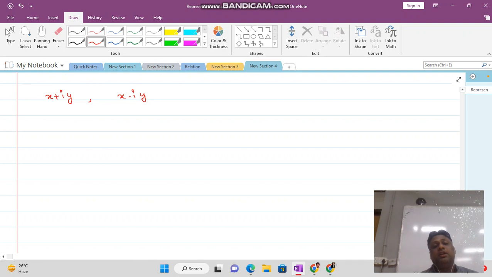You are already aware that any complex number can be expressed in polar form as r into cos theta plus iota sine theta. For x minus iota y, to write it in polar form, you change iota to minus iota, so it is cos theta minus iota sine theta.